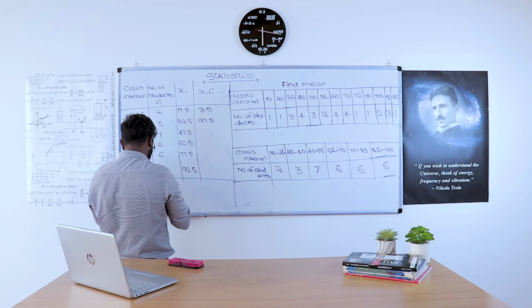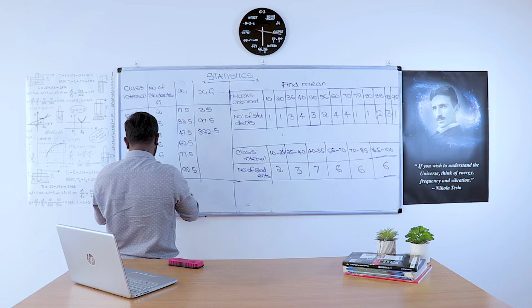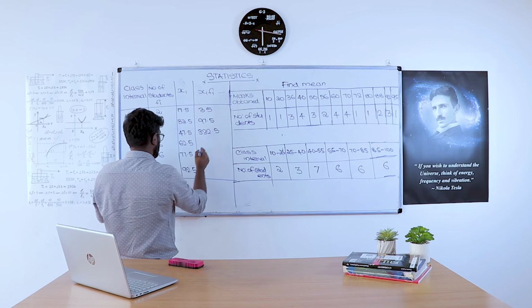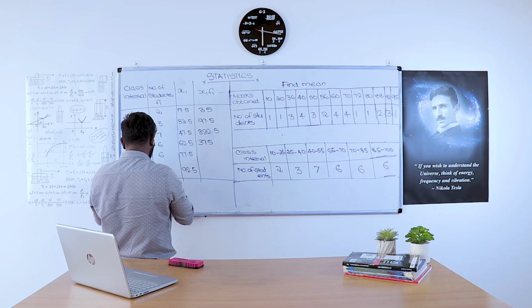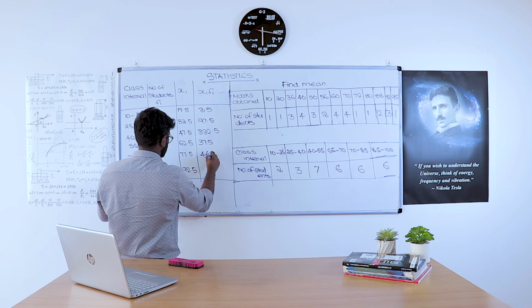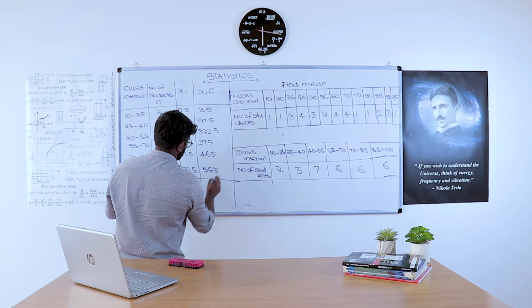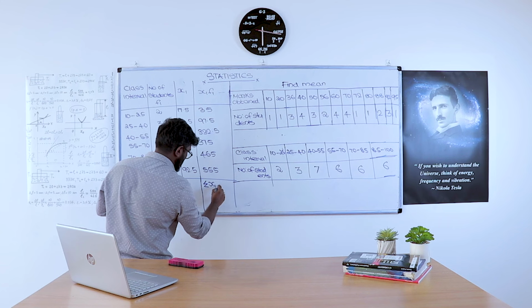Then 47.5 into 7, 332.5. 62.5 into 6, 375. 77.5 into 6, 465. Then 92.5 into 6, 555. So then you have to find the value of summation xi fi.